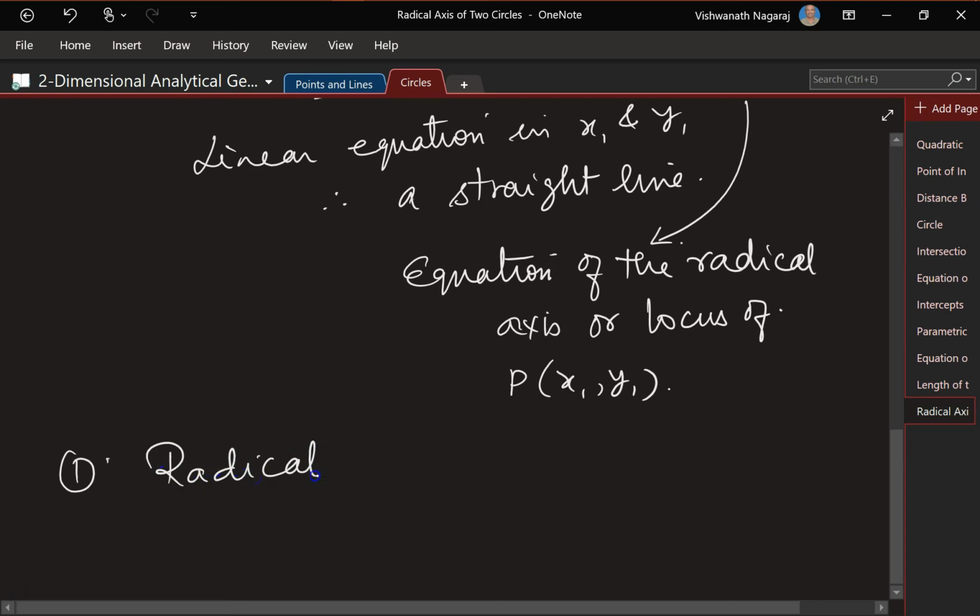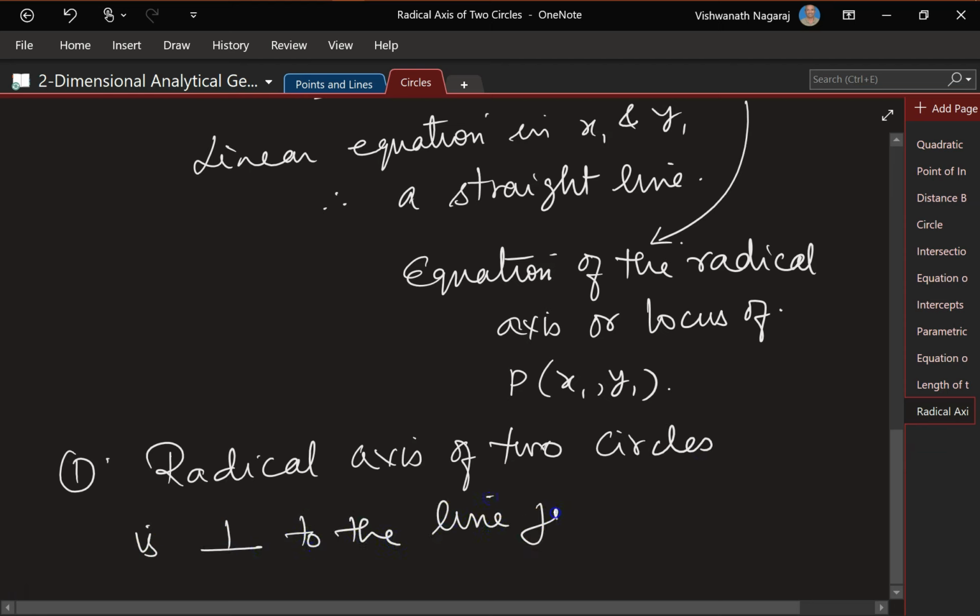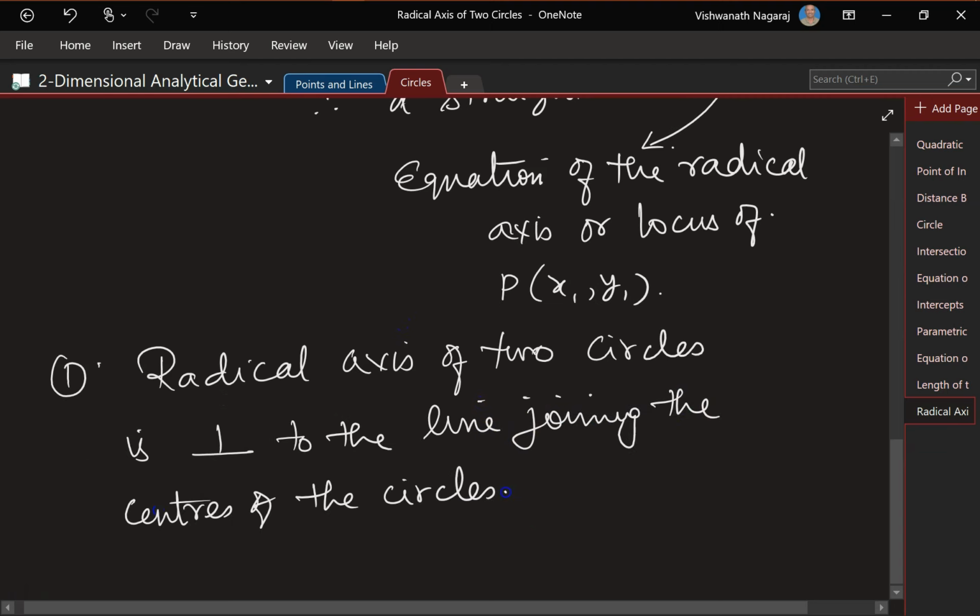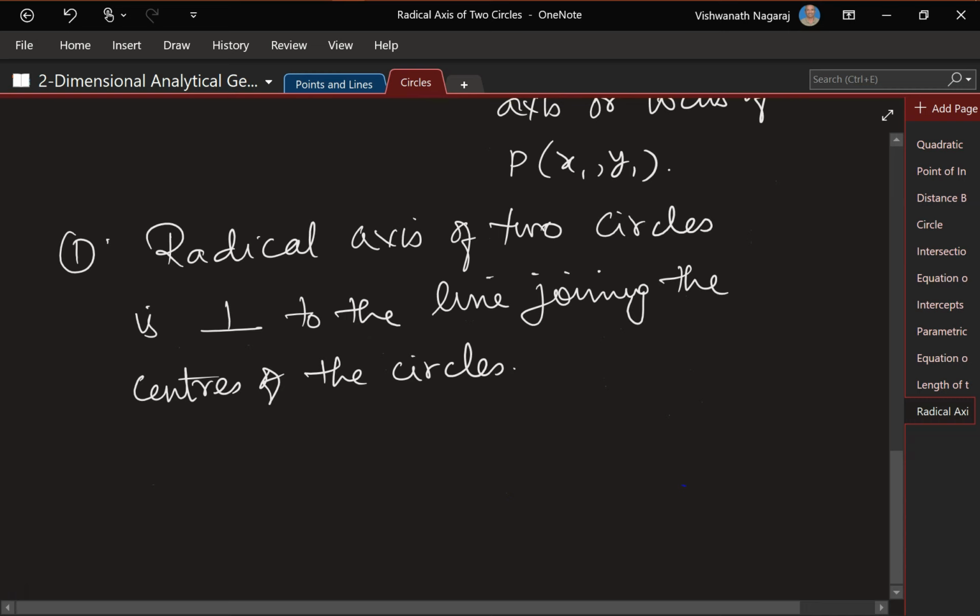Now let's look at one or two properties. The radical axis of two circles is going to be perpendicular to the line joining the centers of the circles. Let's see.